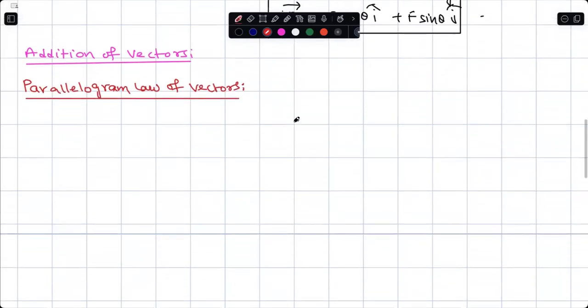In the parallelogram law of vectors, for example, there is an object like this. This object is simultaneously experiencing two forces at a time. So you can't say what is the sum of the vectors. Don't use the word sum of vectors.